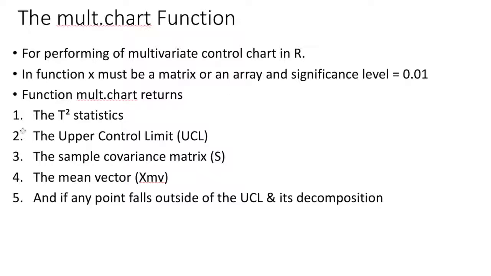The mult.chart function returns the value of the T-square statistics, the upper control limit, the sample covariance matrix, the mean vector, and any point that falls outside of the UCL along with its decomposition. The multivariate control chart is also used to compute the most accepted and diversified continuous multivariate control charts like chi-squared and Hotelling T-square.